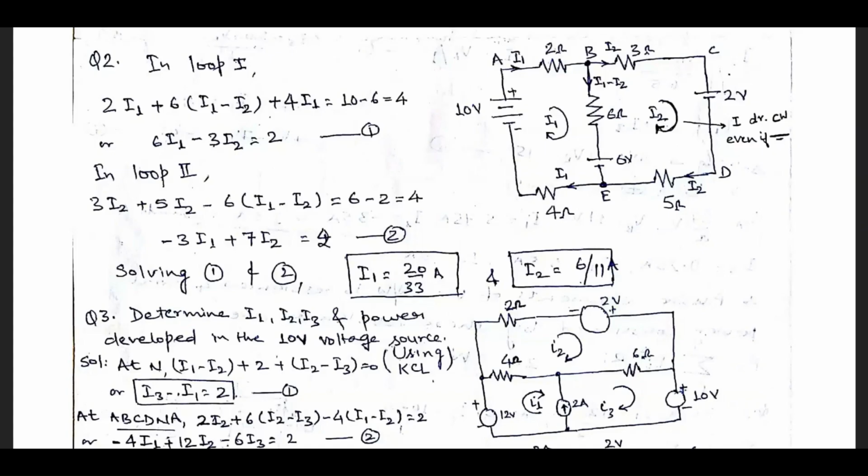This numerical has 3 voltage sources or battery sources. We apply the same KVL and KCL to get the values of the unknown currents. What needs to be taken care of in these types of numericals is the polarity of the battery sources.